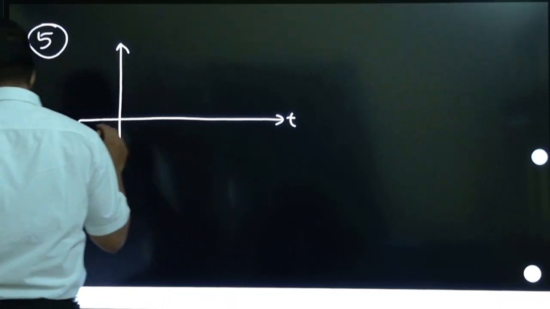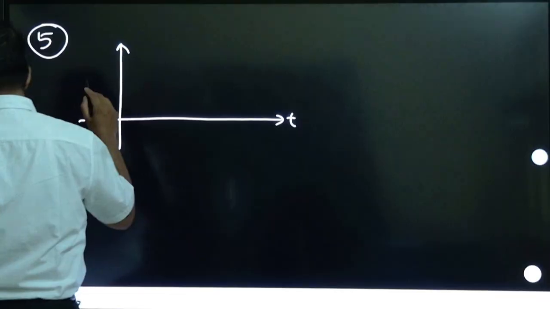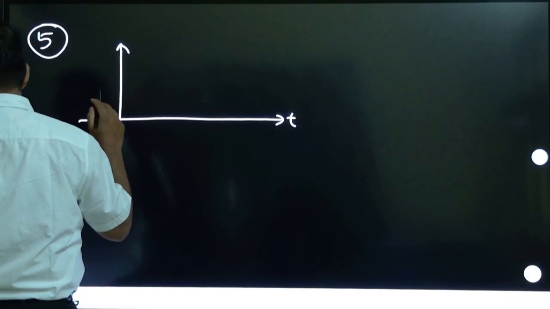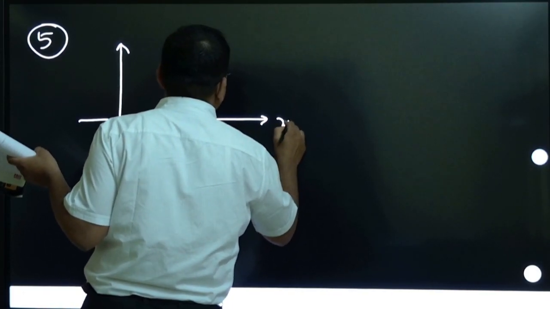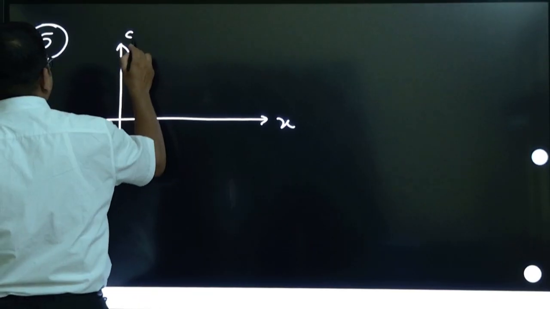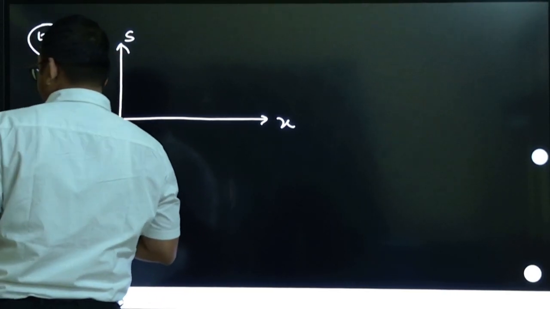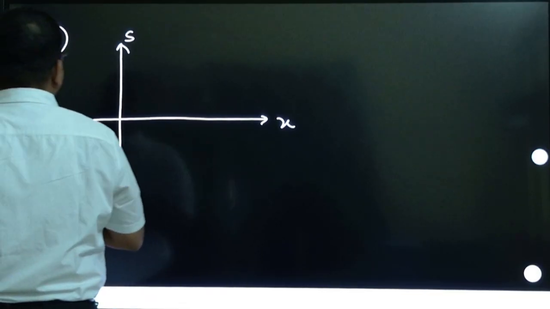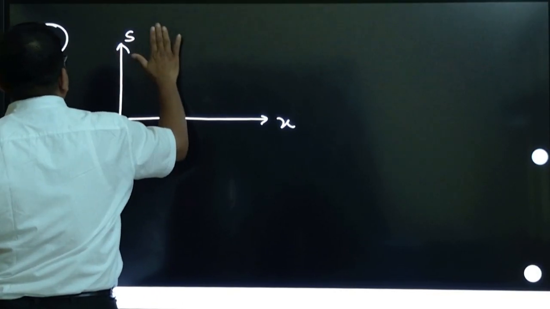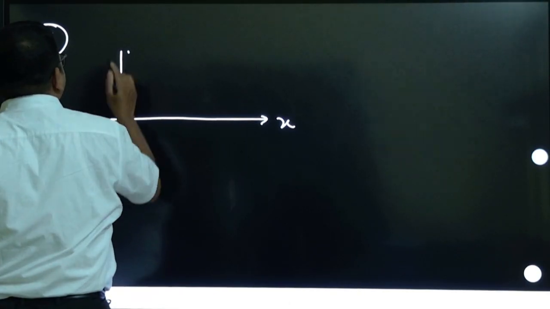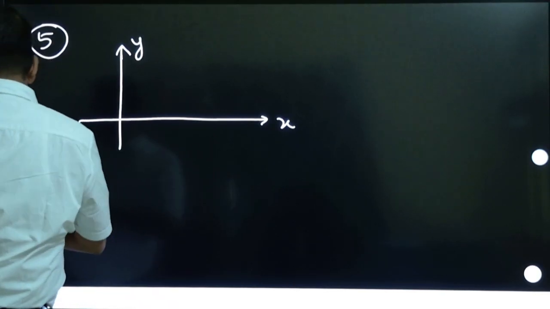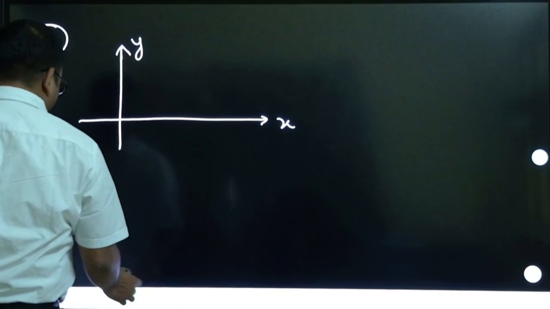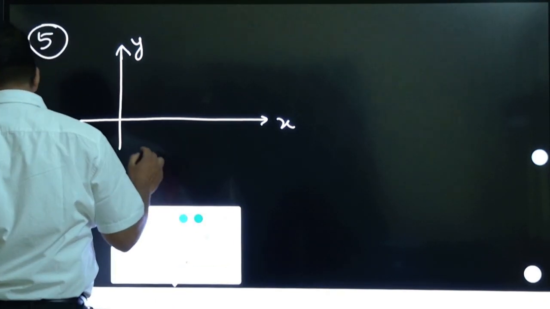So this graph is displacement versus position graph. Displacement, or if you want, you can write displacement as y. It doesn't matter. Generally, we are using the symbol y. So y versus x graph is given here.